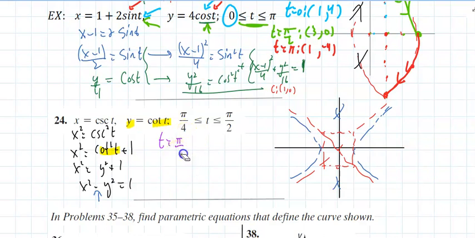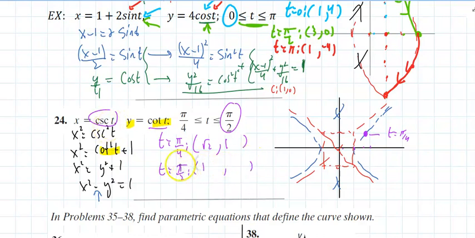I didn't pay attention to that. I could start with that. If I pick pi over 4, this will be radical 2, and cotangent is a 1. This is 1, 2, radical 2, 1. I'm right there. This is t equal pi over 4. And since they allowed pi over 2, mine as well.